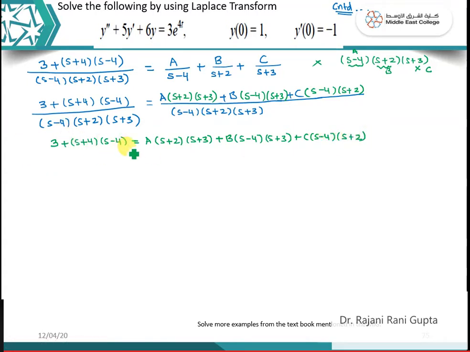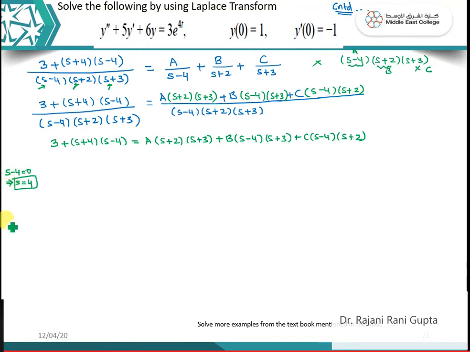As we have three constants a, b and c, we have to substitute three different values of s that we will get from the denominator. First, s minus 4 equal to 0, which will give you s is equal to 4.